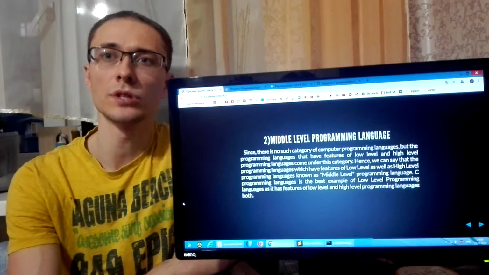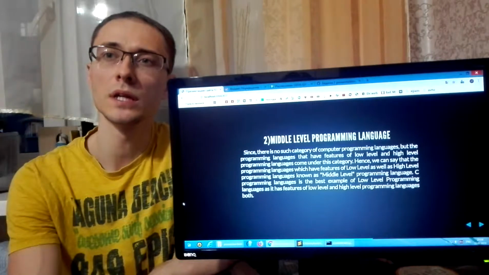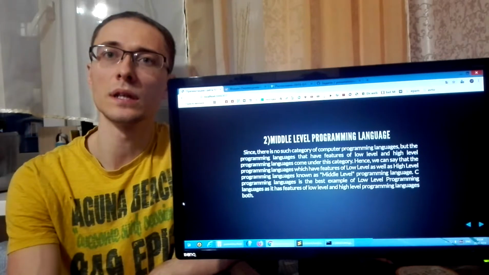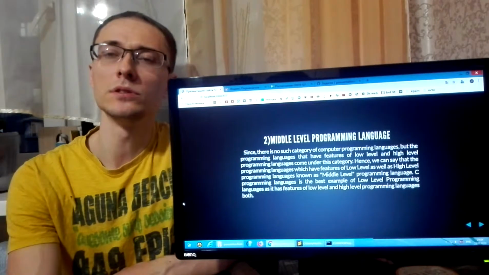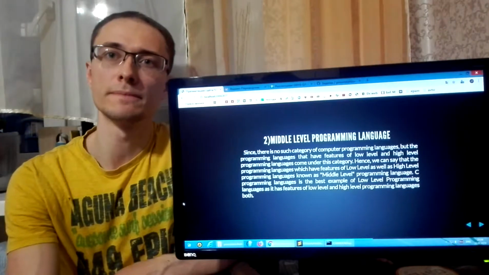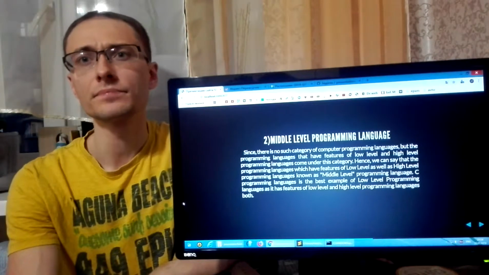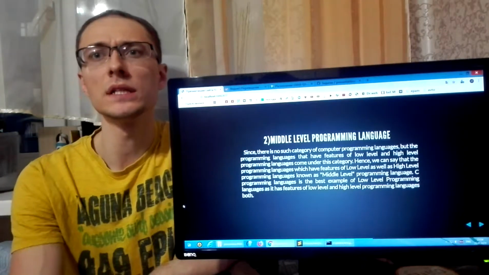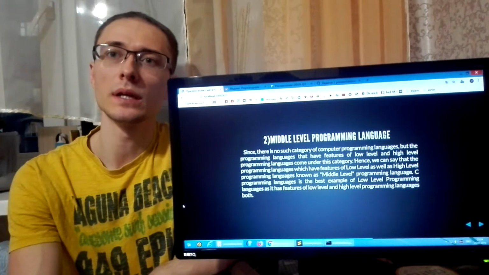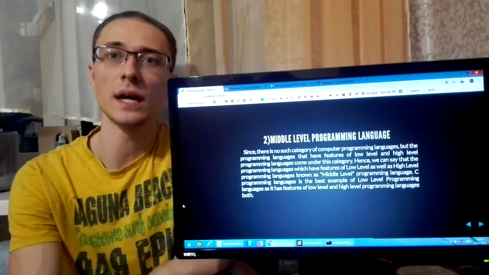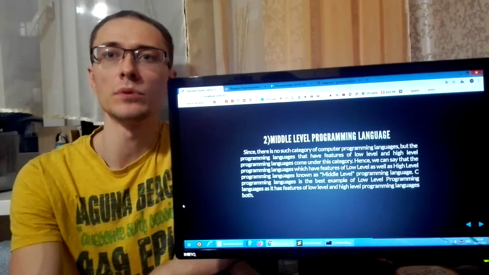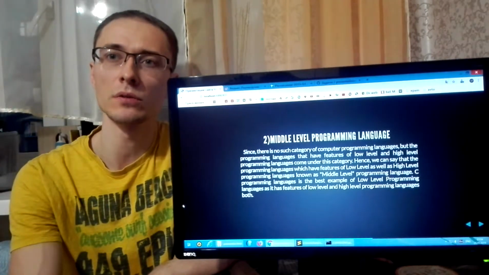High-level programming languages have some special keywords, features, and class libraries, using which we can easily build a program for the computer. The computer does not understand programs written in such languages directly. As I have said before, the computer understands only machine code.